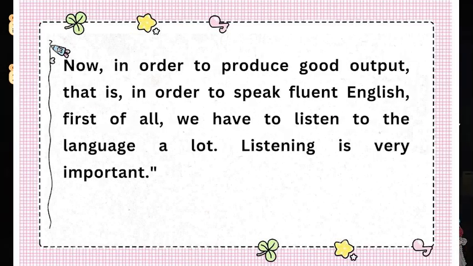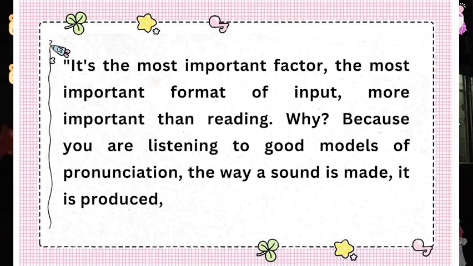Now, in order to produce good output, that is, in order to speak fluent English, first of all, we have to listen to the language a lot. Listening is very important. It's the most important format of input, more important than reading. Why?